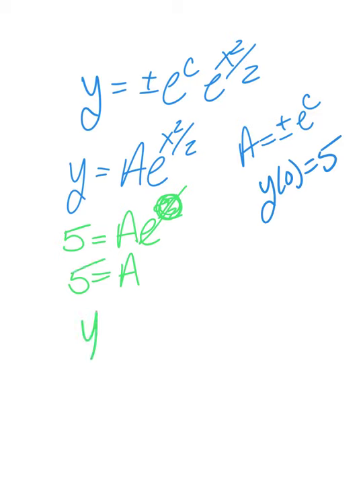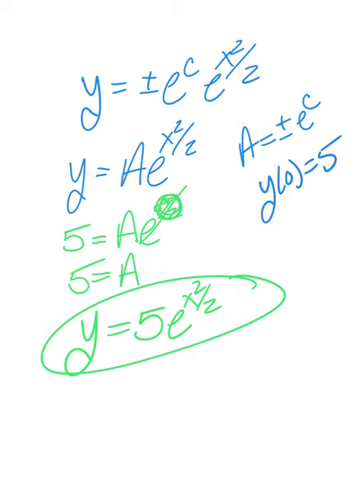So my answer just becomes y equals 5 e to the x squared over 2. That's how you get the final answer. That's our solution. That's our y equals f of x. So make sure that is pretty much the gist of what we're going to be doing at the end.